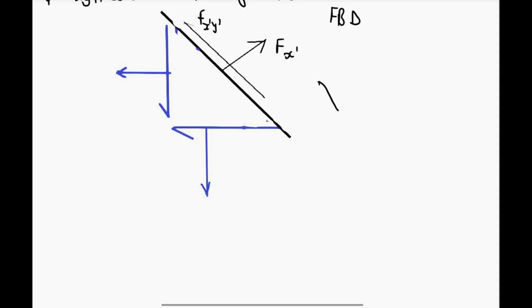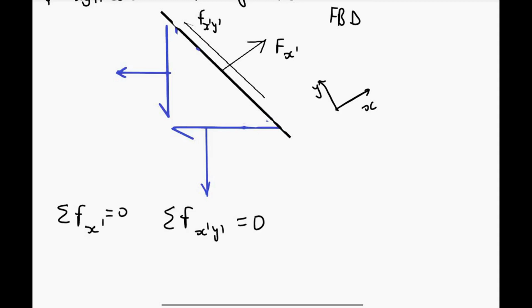So I'll make a y-x axis, where the y-axis is parallel to F x prime y prime and the x-axis is parallel to F x prime. My summation of forces will be due to F x prime and F x prime y prime, and both should add up to 0.